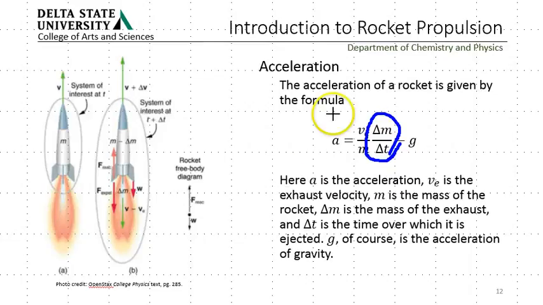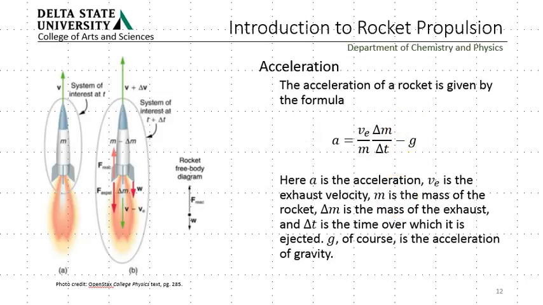So that's basically what that term means, that we're losing a kilogram a second out the exhaust, or a gram a second out the exhaust. And then the final term: that's the acceleration if you were in free space with no gravitational field, but we have to add in the fact that the Earth's trying to hold on to you, so you have to subtract the acceleration of gravity of the Earth.